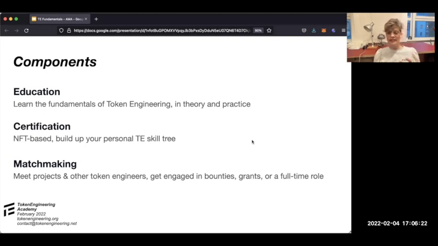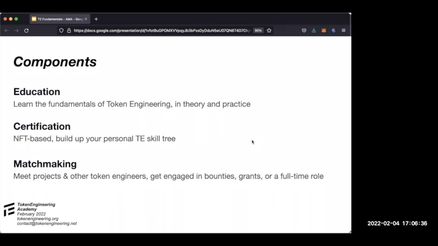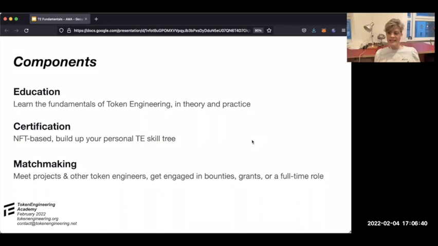And the third block is matchmaking. We also know that many people who started learning token engineering in our courses for themselves, together with the community at TE Commons, are now wondering, okay, how can I put my skills to work? Where can I land? Where can I find other token engineers to work with?